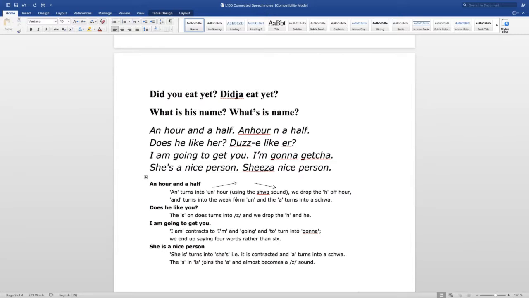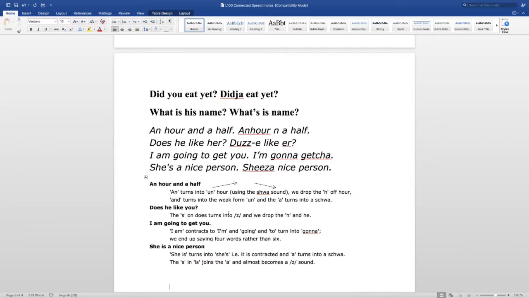And the strong form is what we use when we are speaking either to emphasize or for a more standard kind of way of talking. We went over this a little bit when we talked about stress at the very beginning of the semester. But the weak form is what we use in connected speech, how the sound changes when we're trying to speak more fluently.